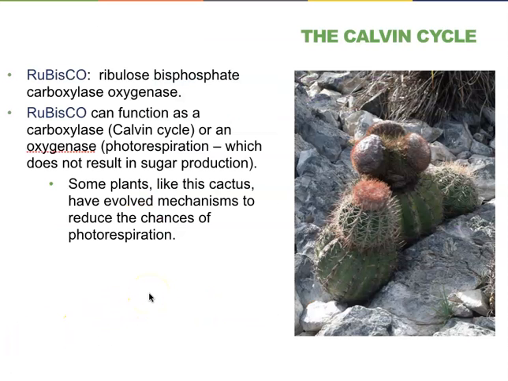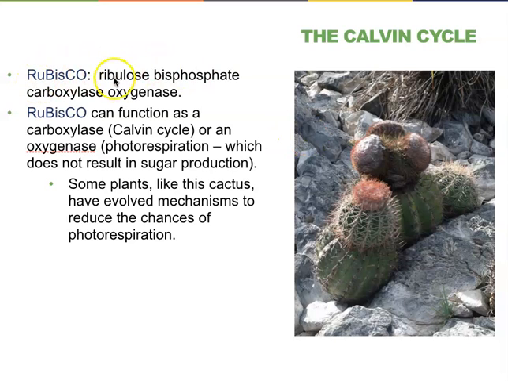Now, there are some Calvin cycle systems which do not result in sugar production. Some plants, like a cactus, if you're starving to death in the desert, you don't run up to a cactus and eat it. Maybe you'll get some water out of it, but on the whole, it doesn't provide what you would normally need. It provides what it needs to stay alive.